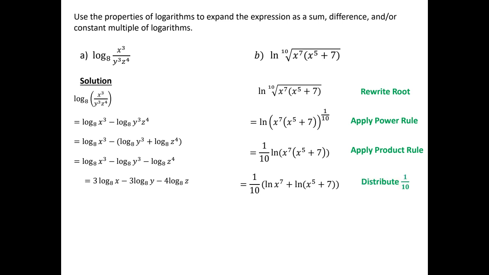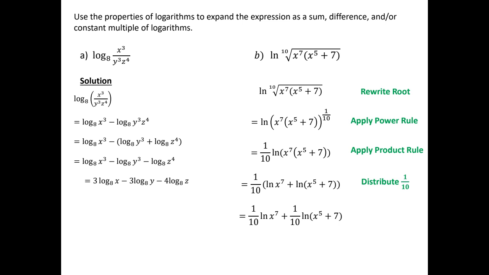So let me go ahead and, well, let me distribute first. I have 1/10 natural log of x to the 7th plus 1/10 natural log of x plus 5 to the 7th. I'm going to apply the power rule to the 7th. Again, I could have done it first or last. So my final answer is 7/10 natural log of x plus 1/10 natural log of x to the 5th plus 7. This one again cannot be simplified. I'll just leave it alone.